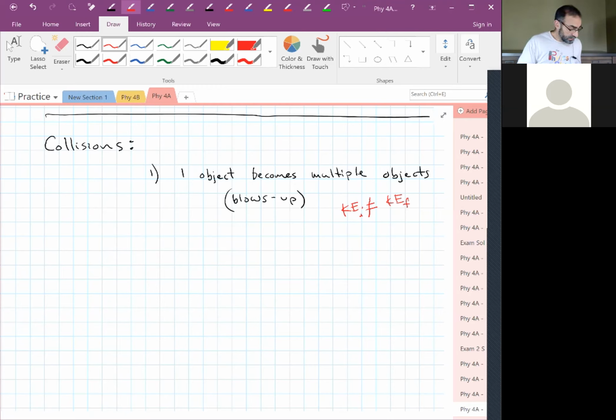How about this one, when multiple objects become one, things stick together.